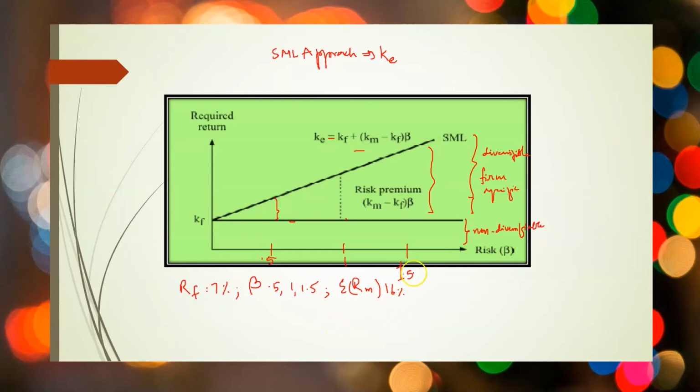Let us assume. In that case, when your beta is 0.5, it will be 7% plus 0.5 times 9%.